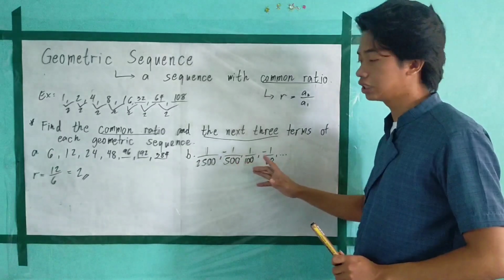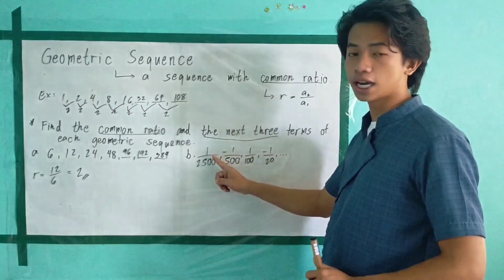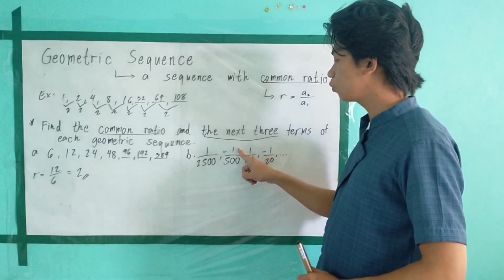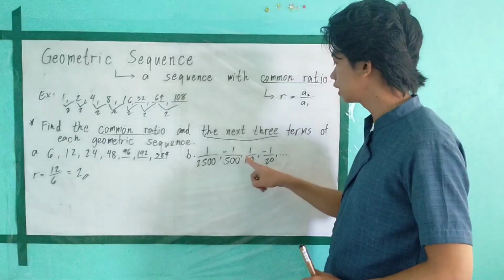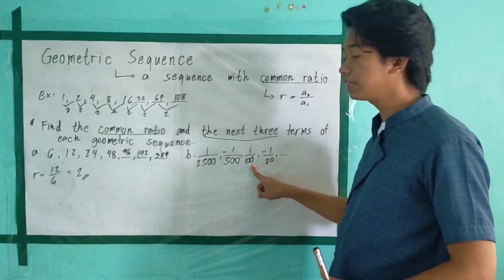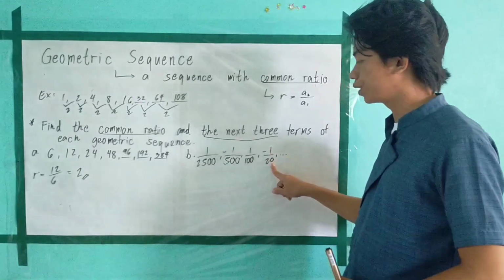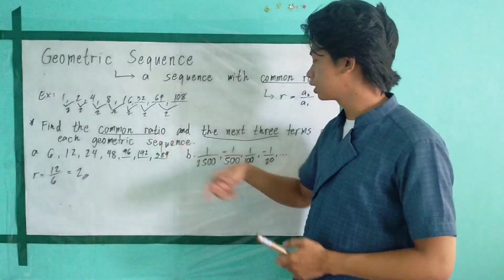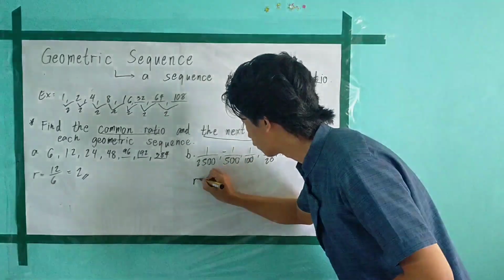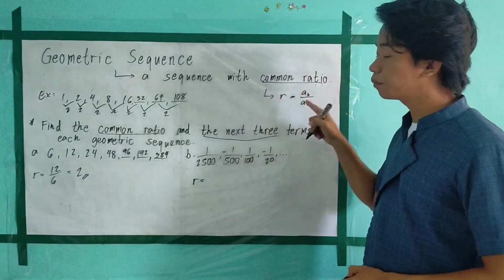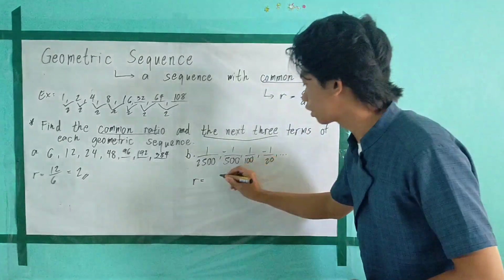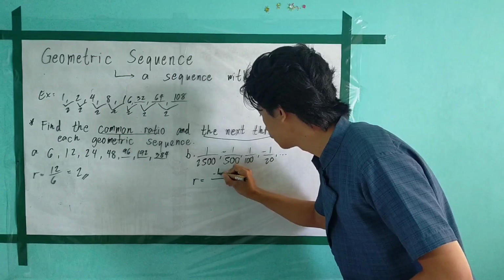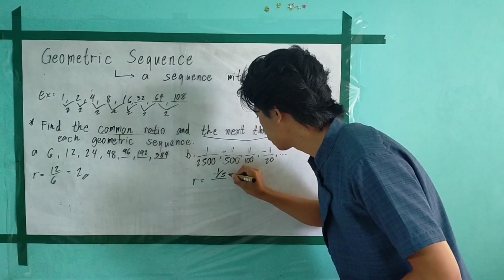Problem, letter B. So our sequence is 1 over 2,500, then negative 1 over 500, 1 over 100, negative 1 over 20. Find the common ratio. Our ratio is a sub 2 divided by a sub 1. What is our a sub 2? We have negative 1 over 500.